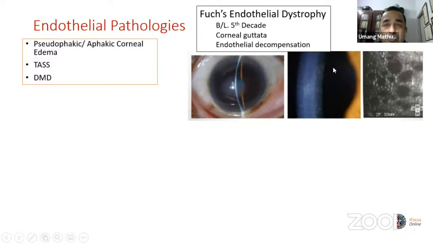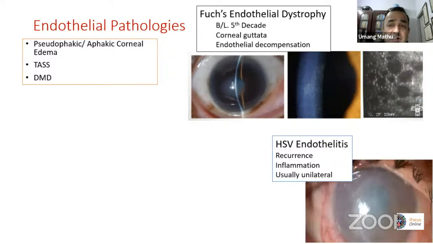The important thing to know about Fuchs is that it generally would be a bilateral condition. Usually after the 5th decade is when the patients present with corneal edema, or it could be just guttata that would be visible on slit lamp examination. A common indication, although we may not always operate for this condition, causing corneal edema and endothelial decompensation would be HSV endothelitis.